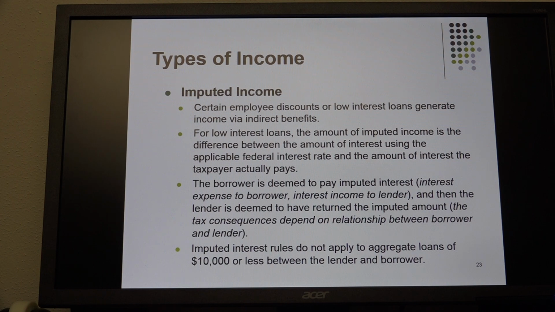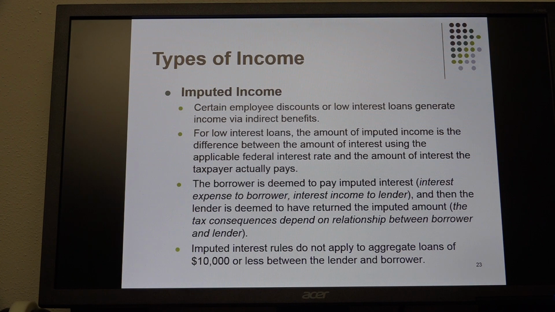Imputed income. Now, you might receive an economic benefit from a transaction that would be imputed, and usually these are indirect economic benefits.